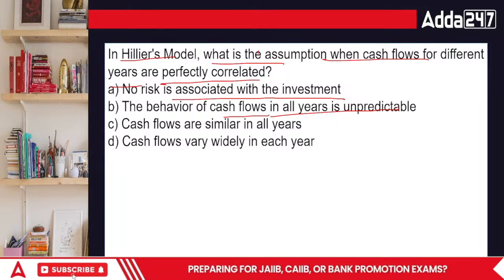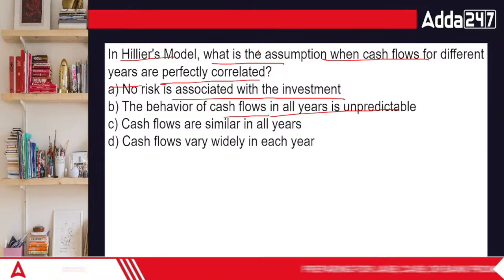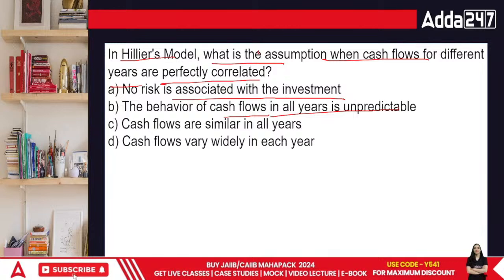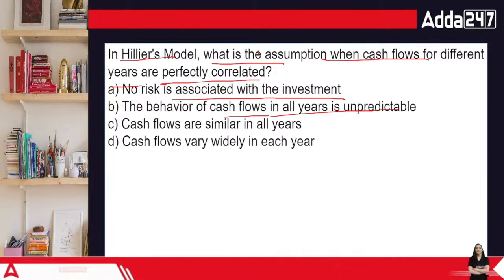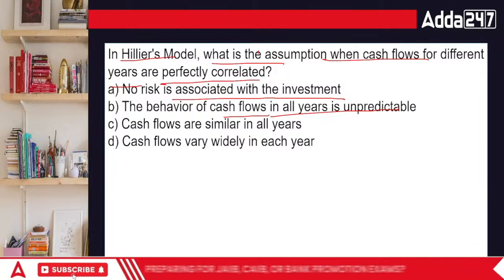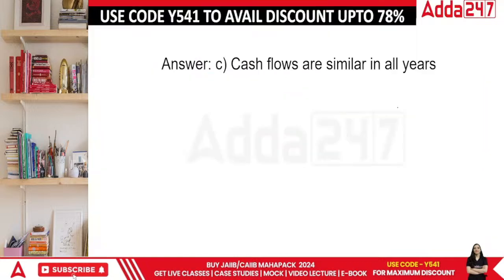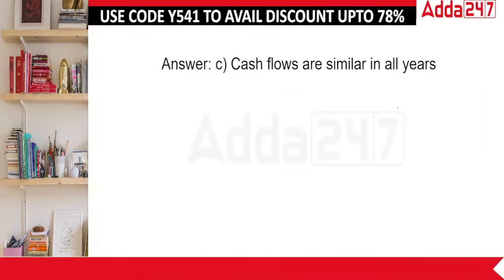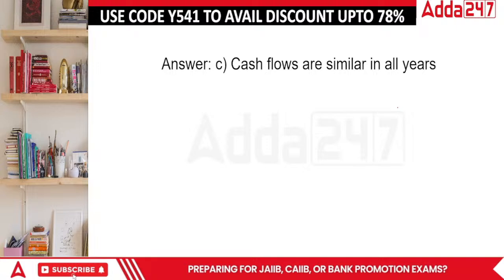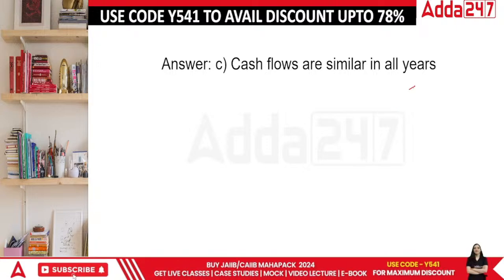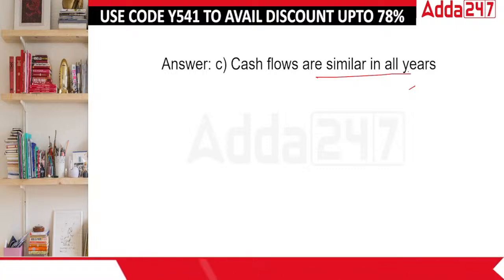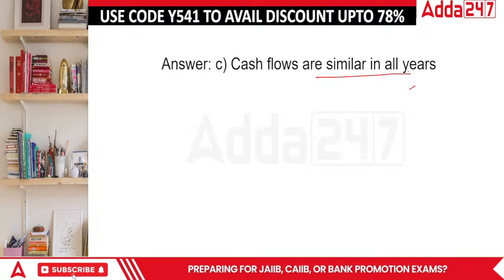If the data is linked, then this problem should not occur. Cash flows are similar in all years? I cannot say it's similar. Do they vary widely in each year? It may vary or may not. What's going to be the answer according to you? The answer is that it is very similar in all these years. It won't be the same, everyone, but yes, it can be similar. Correlated can be called synced here. Okay?